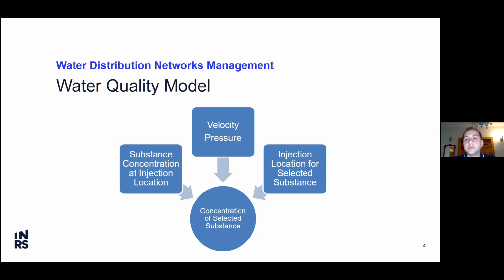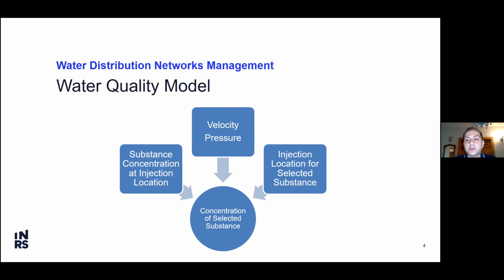For the water quality model, the same as the hydraulic model, we have some inputs and an output. The output, for sure, is the concentration of a selected substance in the whole network. The selected substance can be different things.